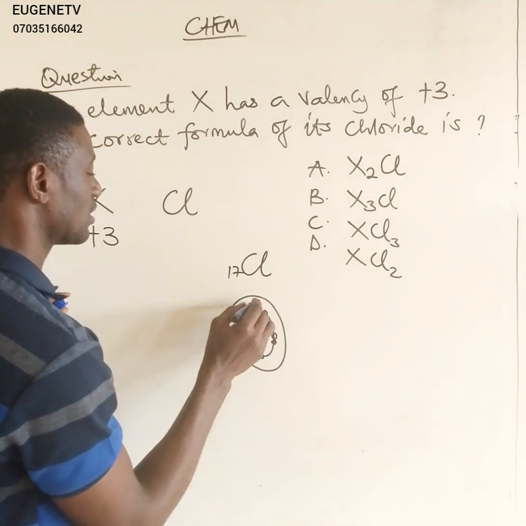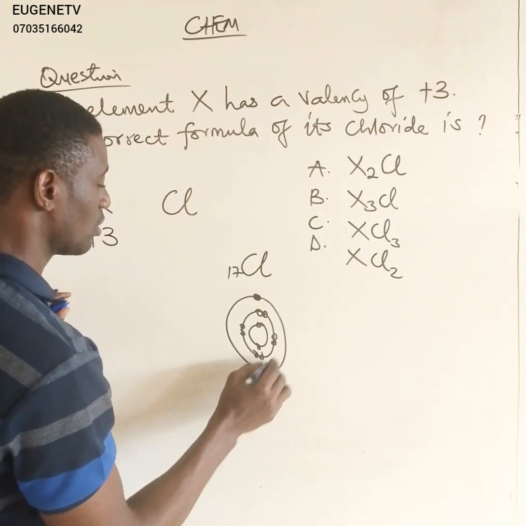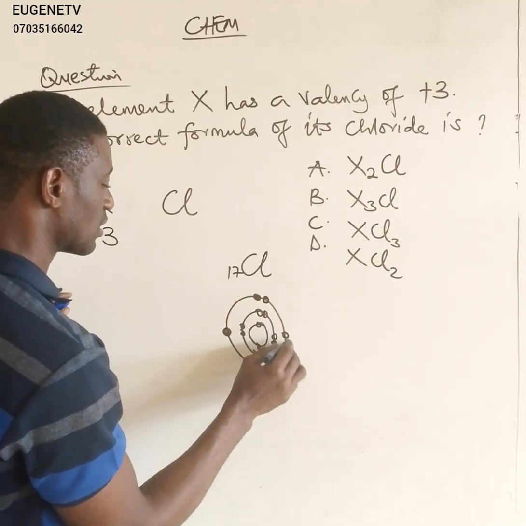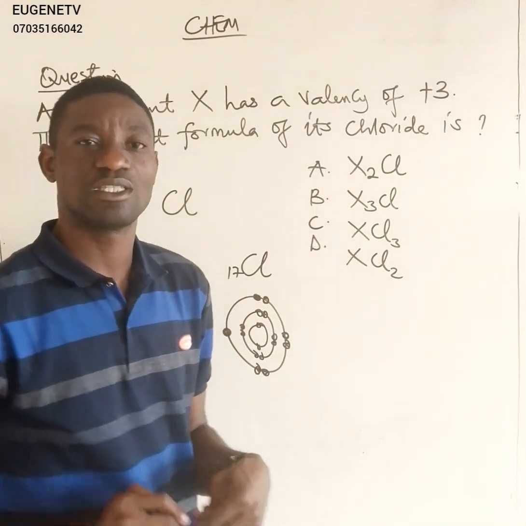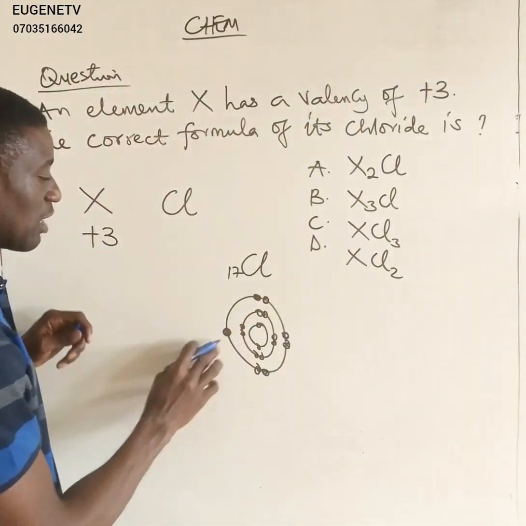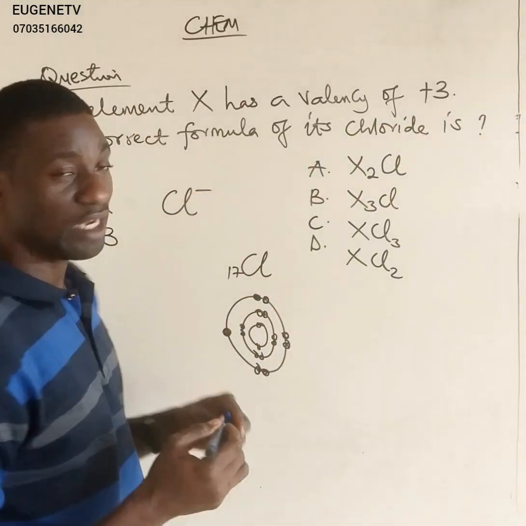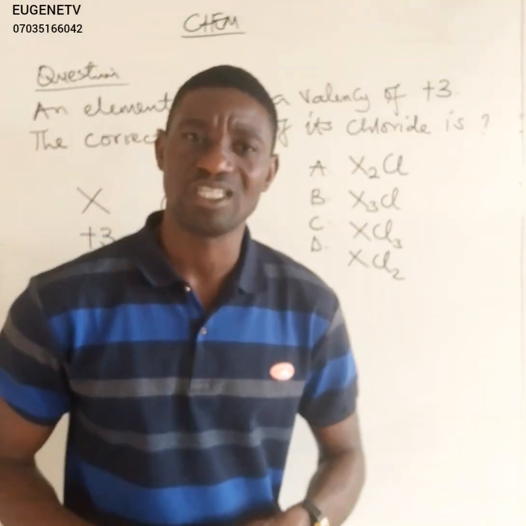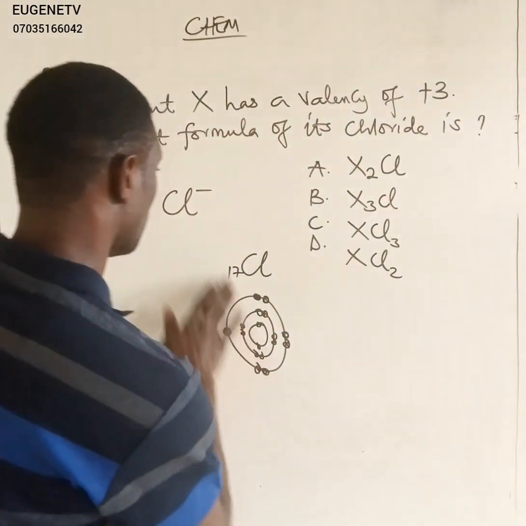The last valency shell, or the outermost shell, should carry 1, 2, 3, 4, 5, 6, and 7. Meaning that chlorine is always looking for one electron to achieve stability. And when that electron is acquired, it is going to carry a charge of -1, meaning that the number of electrons in a chloride ion is more than the number of protons in the ion.